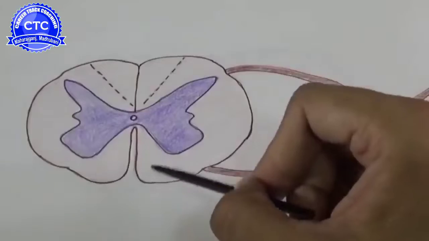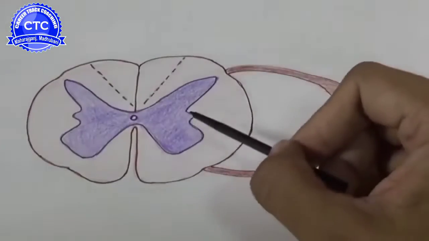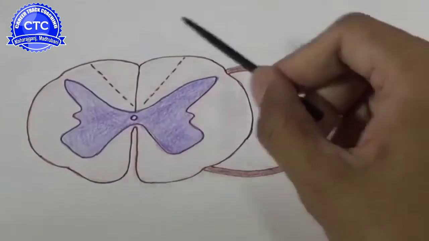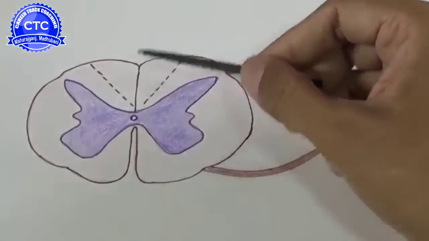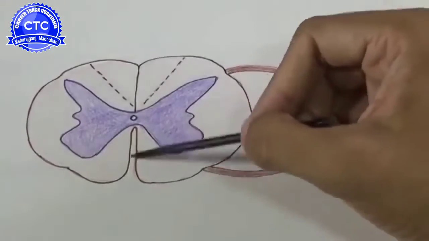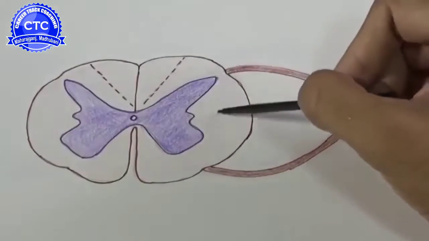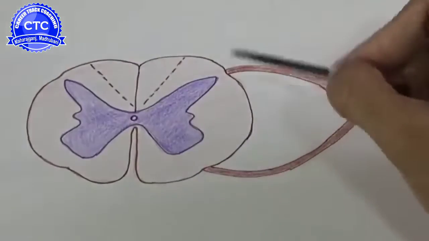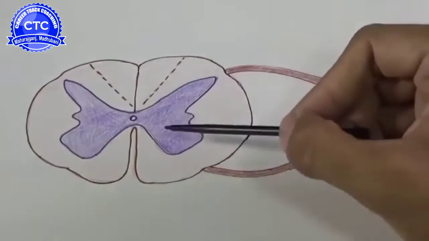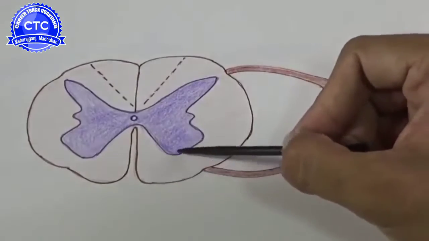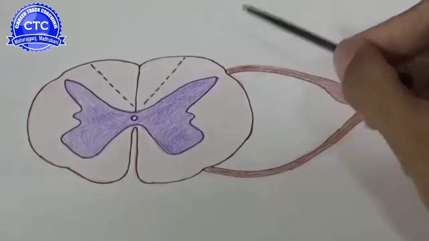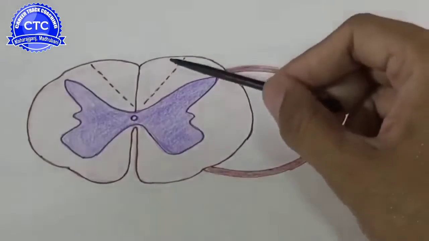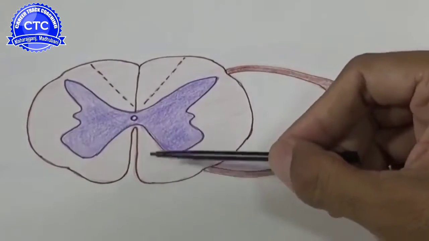Now talking about the spinal cord itself, these three sulci, anterolateral sulci, posterolateral sulci, and anterior and posterior median fissure or sulci will divide the white matter into three: anterior, lateral, and posterior parts. These are termed the anterior funiculus, lateral funiculus, and posterior funiculus, and these lodge their corresponding tracts.